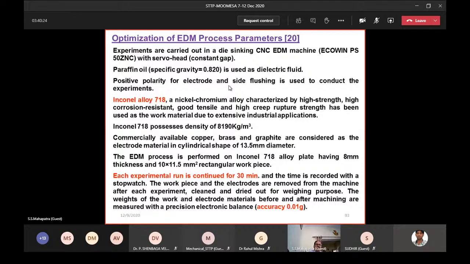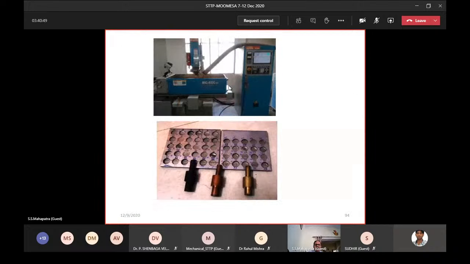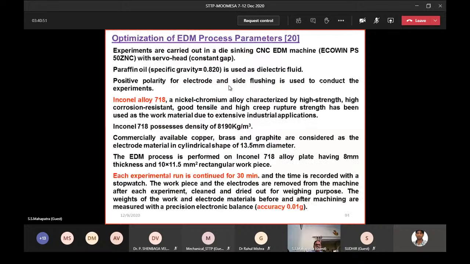This has been applied to electrical discharge machining processes. Here the workpiece used is Inconel alloy 718, a nickel chromium based alloy. The tools that we used are brass, copper and graphite.